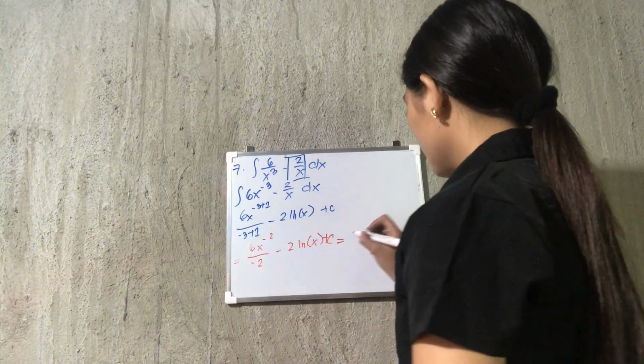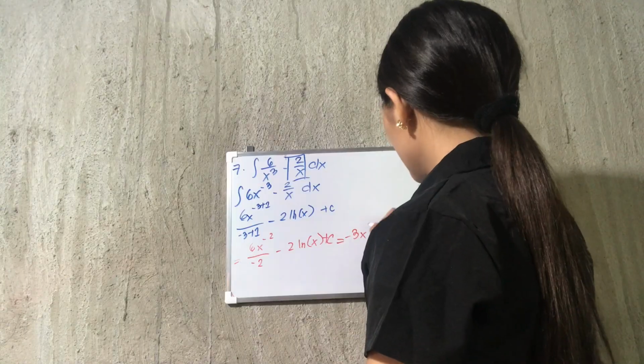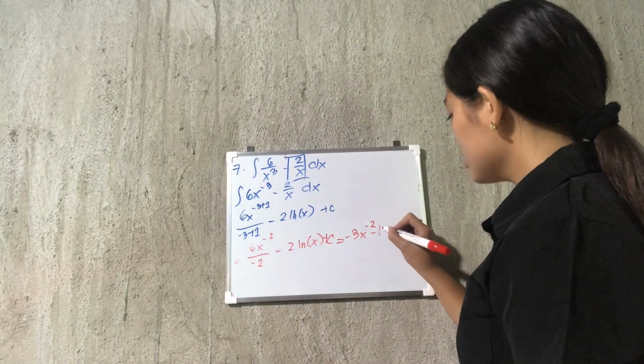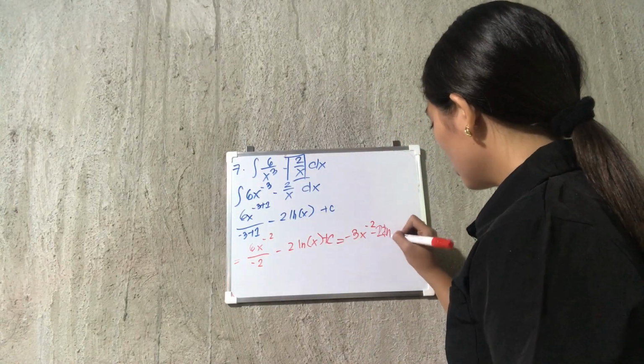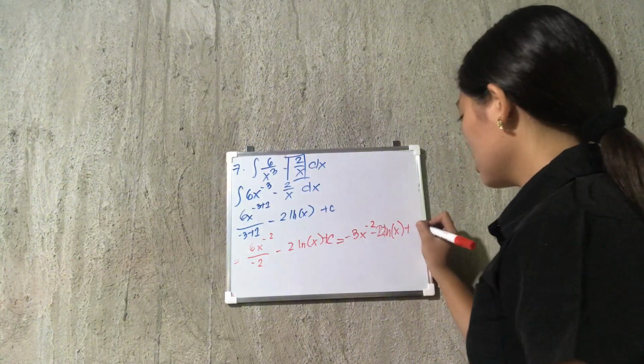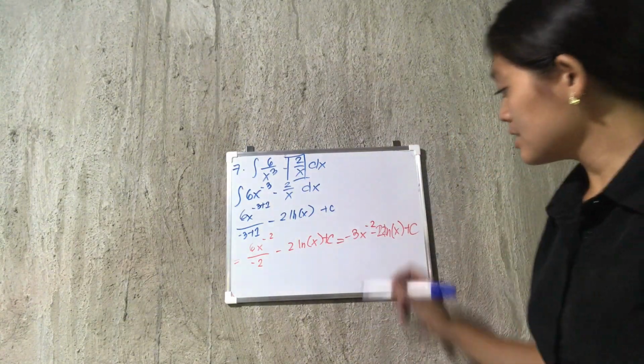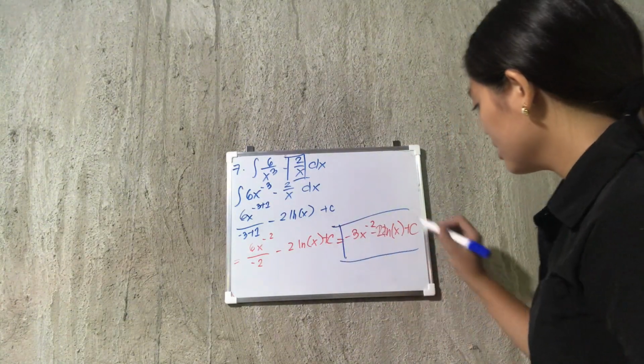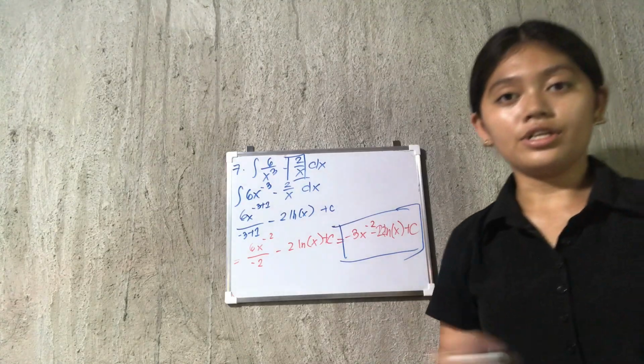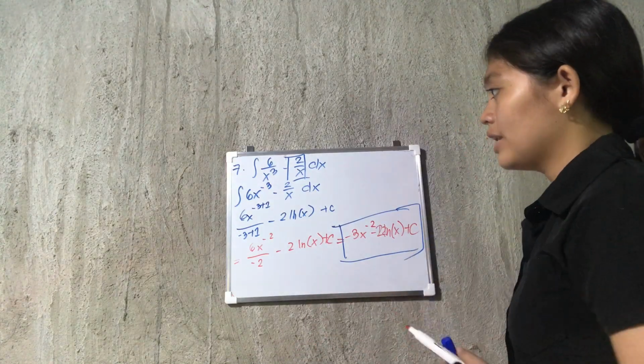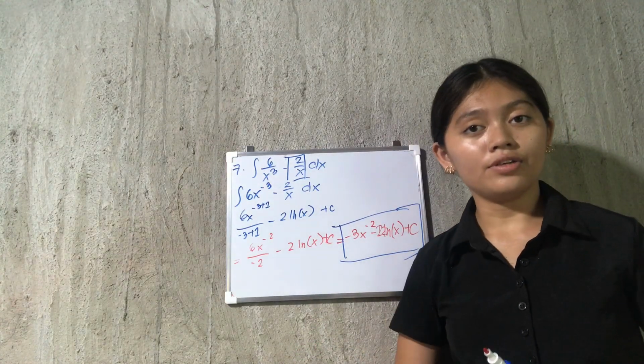Divide this one, so negative 3x raised to negative 2 minus 2 ln x plus c. So this is the final answer. That will be the final problem for the basic integration.